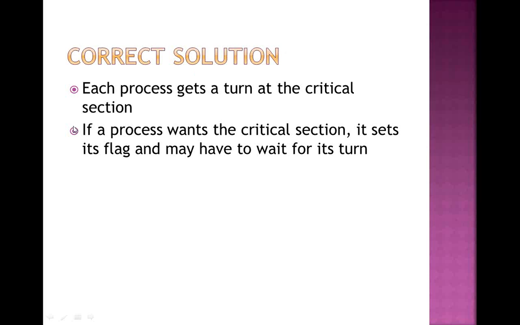If a process wants the critical section, it sets its flag and may have to wait for its turn before going into the critical section.